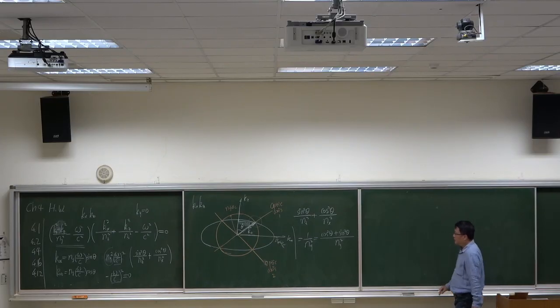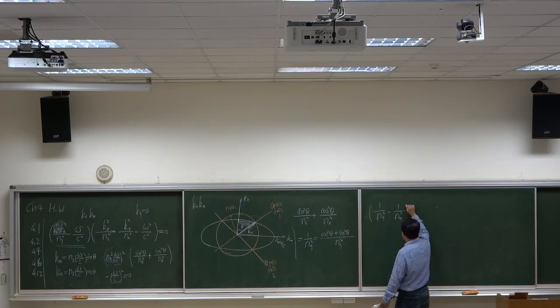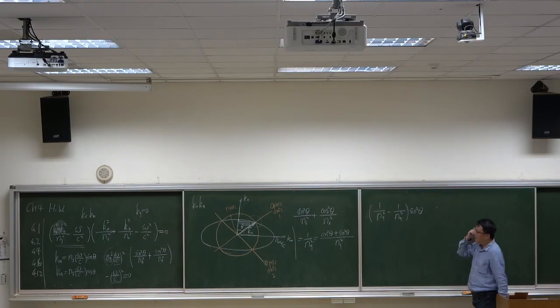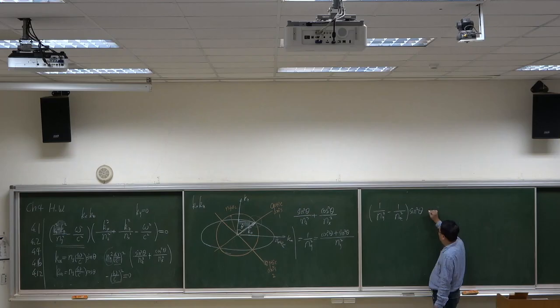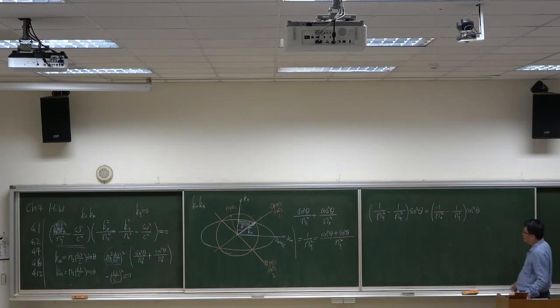So now you see that we have 1 over ny squared minus 1 over nz squared times sine squared theta is equal to 1 over nx squared minus 1 over ny squared cosine squared theta. Okay?